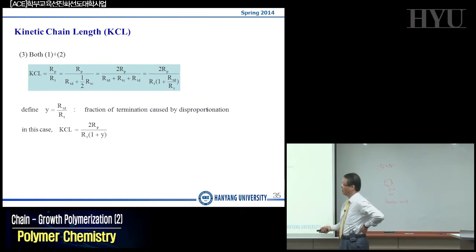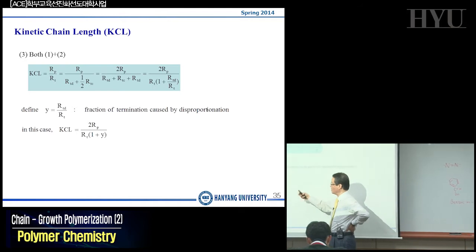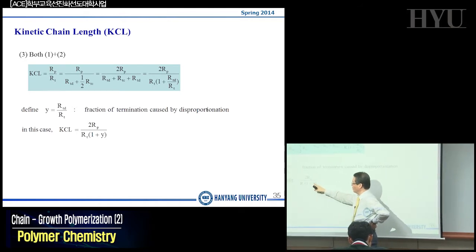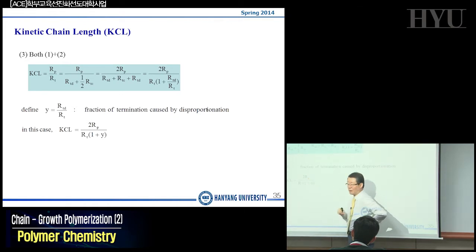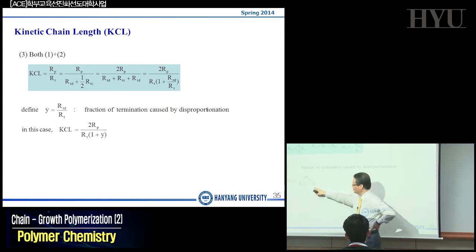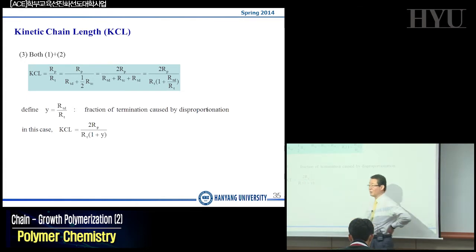Okay? So if you have 100% disproportionation, then Y is equal to 1, so that it becomes Rp divided by Rt. And if Y is equal to 0, meaning that the disproportionation ratio is 0, so combination termination is governed, then the KCl is 2 times Rp divided by Rt. Okay?